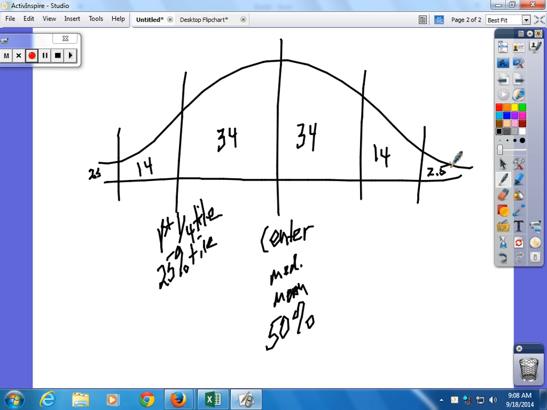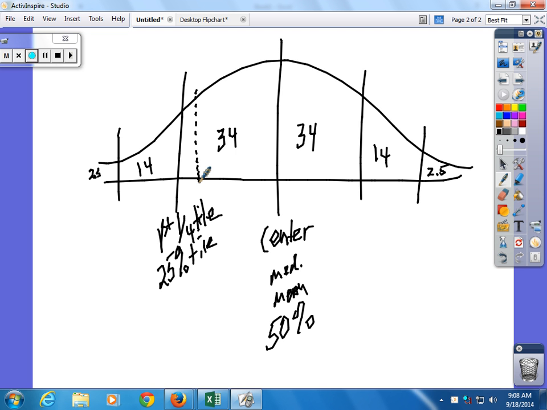Somewhere, 14 and 2.5, that's 16. Somewhere in here is your 25th percentile. You see what I'm saying? I use these marks to show you how to read the tank. So technically, somewhere in here is your 25th percentile.